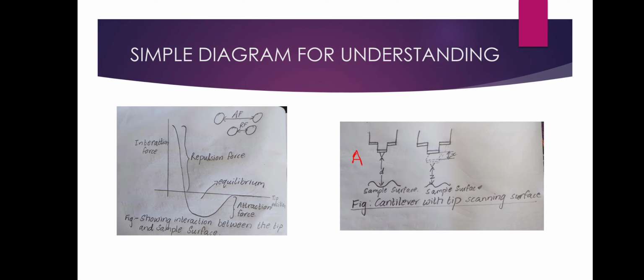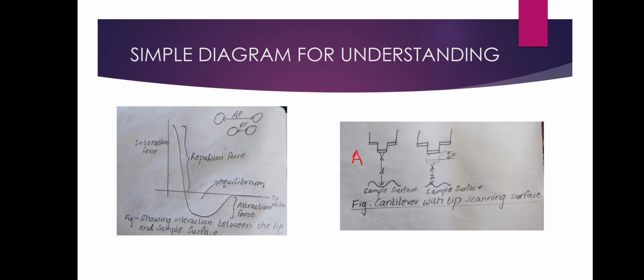By doing so, the force between the tip and the sample surface changes. When it comes across the flat region, the distance between them increases and we see an attraction force. And when the tip comes in contact with the curved region, the distance gets shorter and it gets converted into repulsive force.